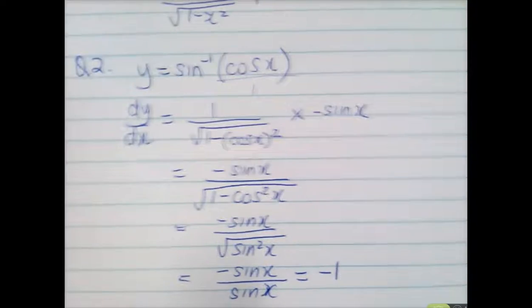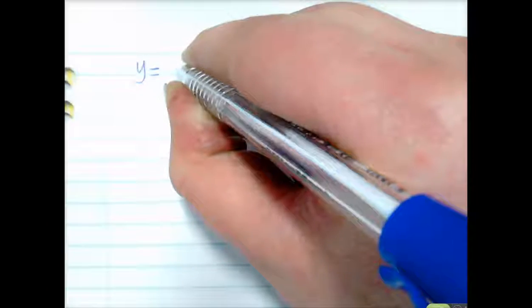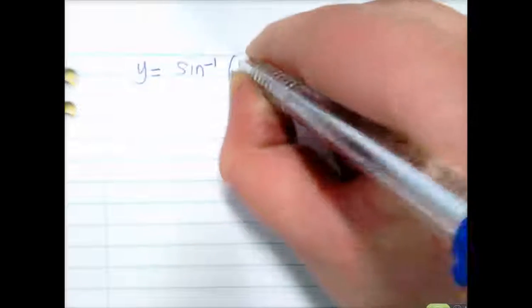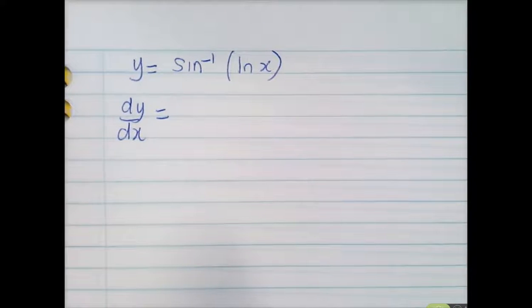Negative 1. If y equals the inverse sine of ln x, find dy dx. Remember, we're just using the rule.